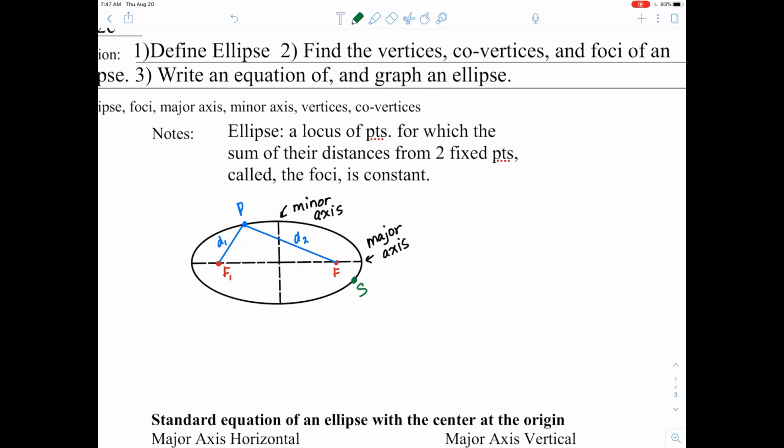So point S is really close to this focus, and it's pretty far away from that focus. So that would be a distance sub 3, because it's certainly a different length than the other distances, and this would be distance sub 4.